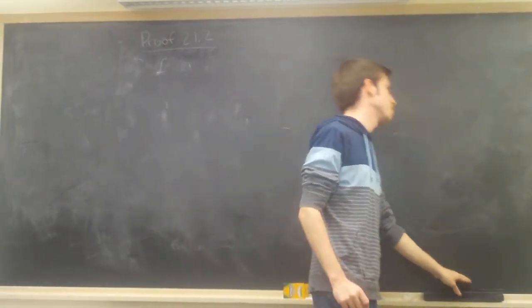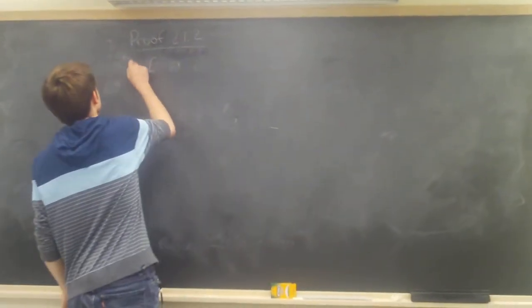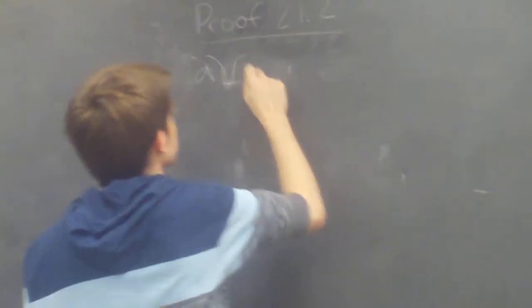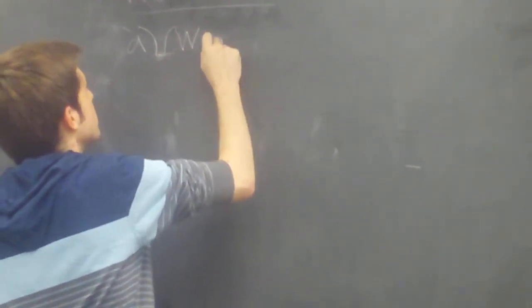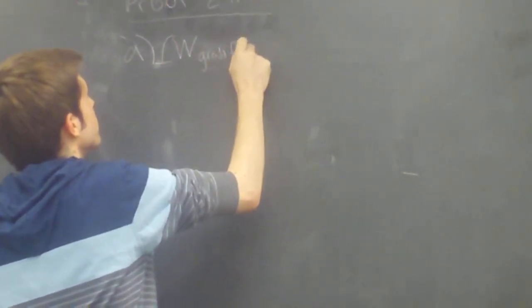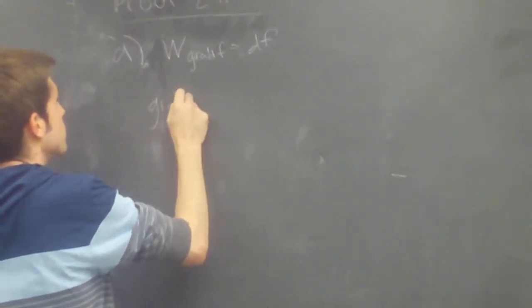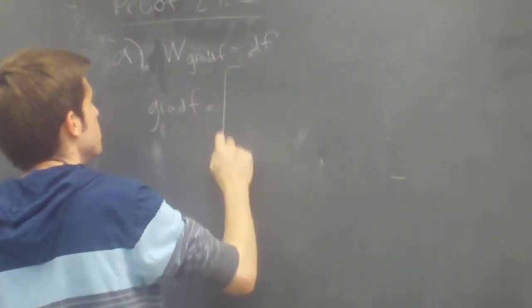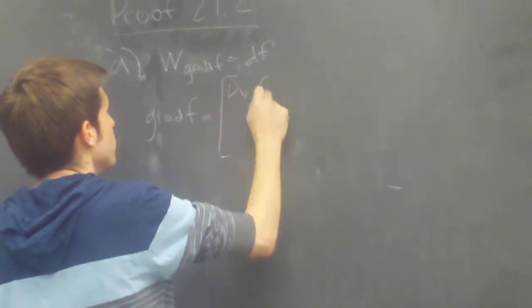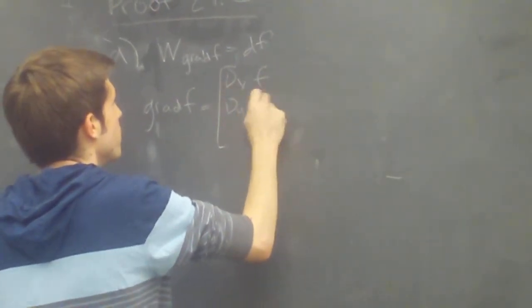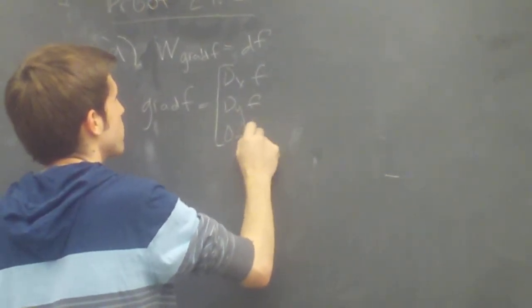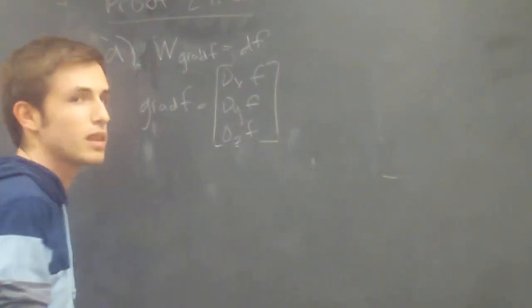So the first thing I'm going to be proving, part A, is that the work form of the gradient of f is equal to df. So the gradient of f is equal to the derivative with respect to x of f, the derivative with respect to y of f, and the derivative with respect to z of f, a column vector.